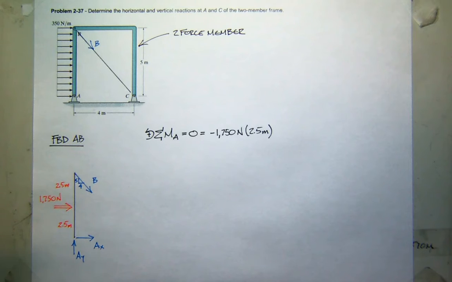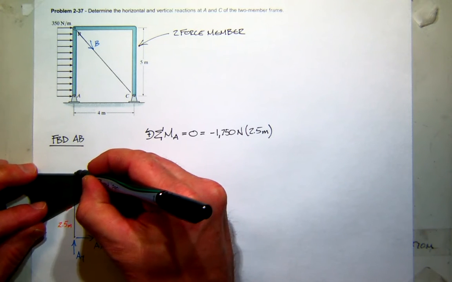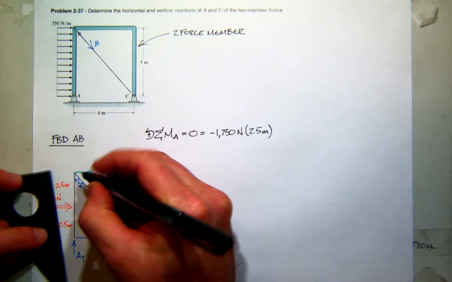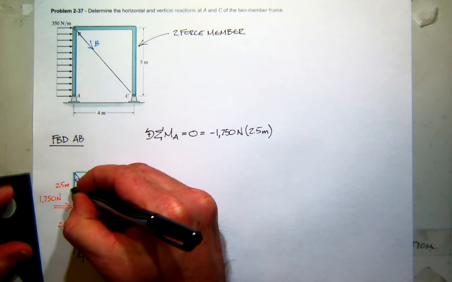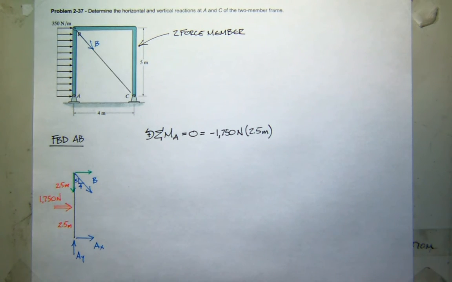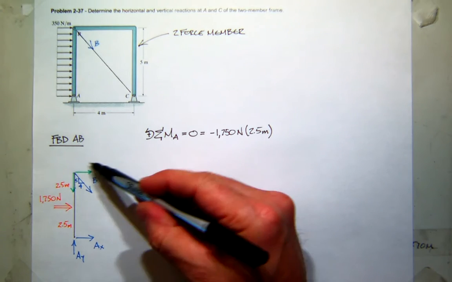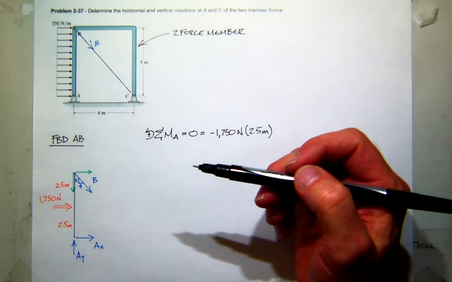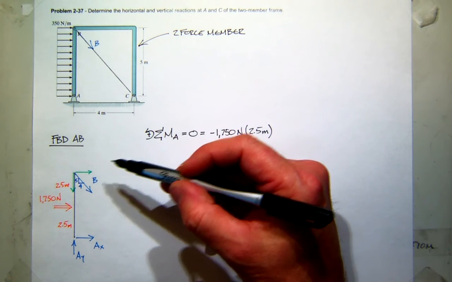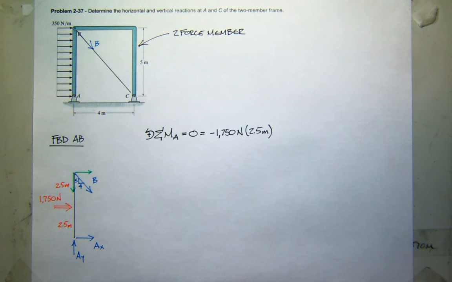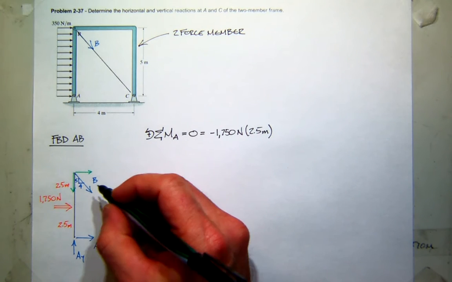I'll give you a hint. I suggest that we break it down into an X and a Y component. If I do that, then which component creates moment about A? The X component. What would be the X component about that?